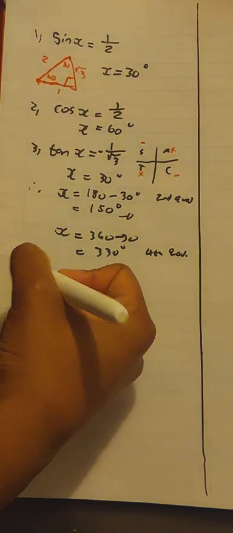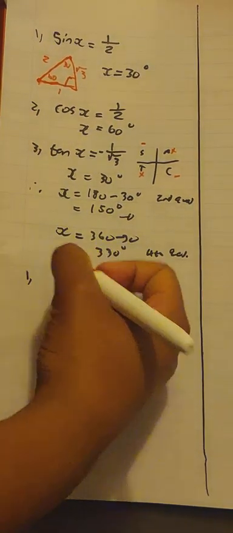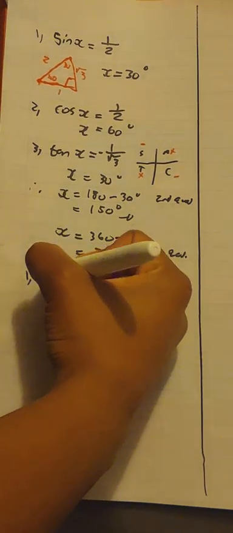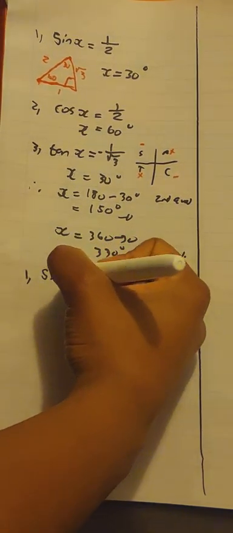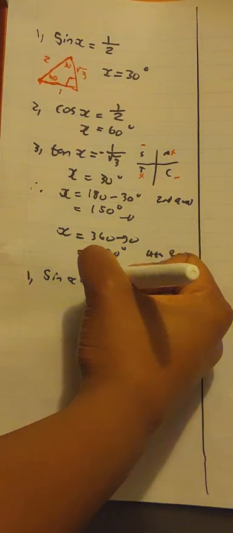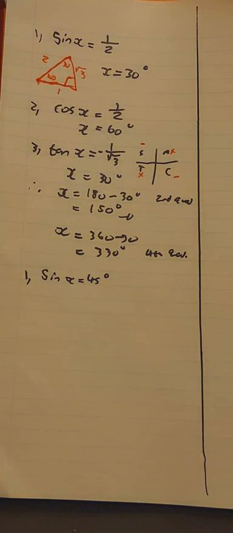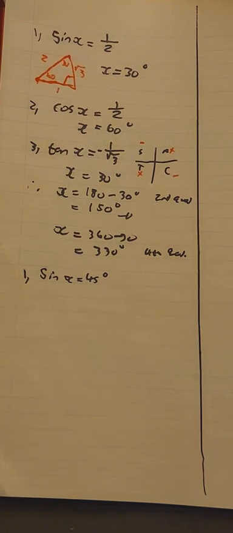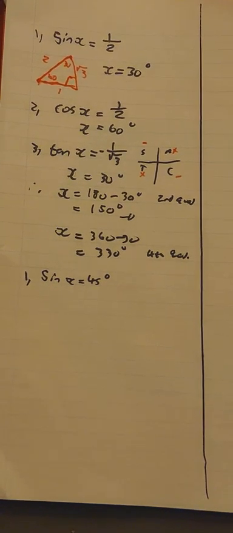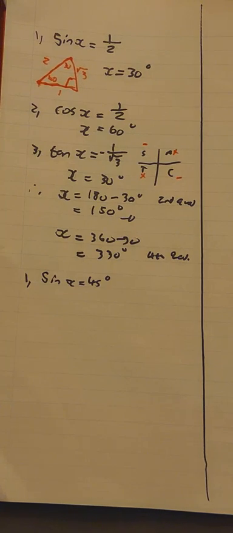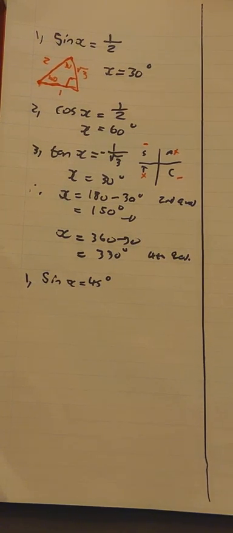I'm just going to write number 1 again. On this side, what are we going to do if we are given this? x is equal to 45 degrees. Here they gave us what? Angles, instead of giving us what? They give us angles instead of giving us the numbers.